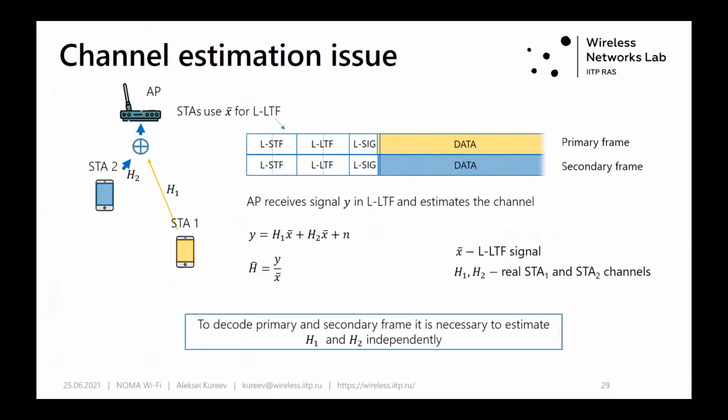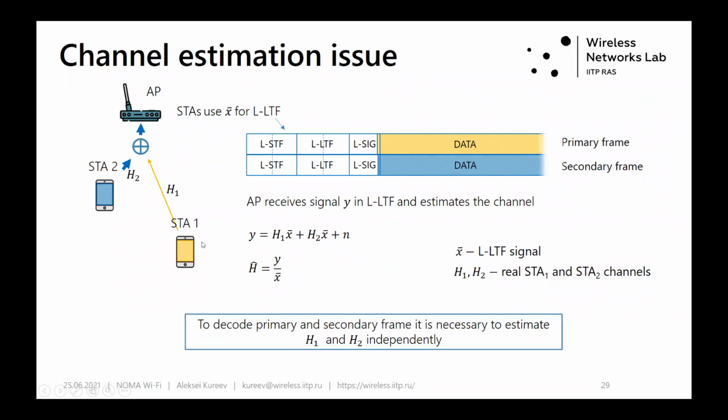Another topic that I want to cover is uplink NOMA. As I said, in uplink NOMA, the superposition coding occurs over the air because signals multiplex due to the interference and so on. And we see that it is very difficult to implement even a simple Wi-Fi NOMA in uplink because of the difference between channels in STA2 and STA1.